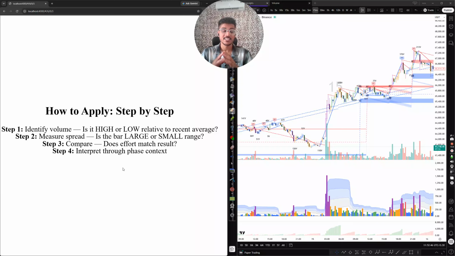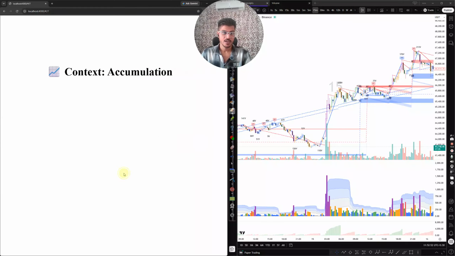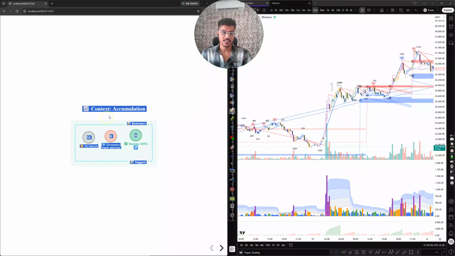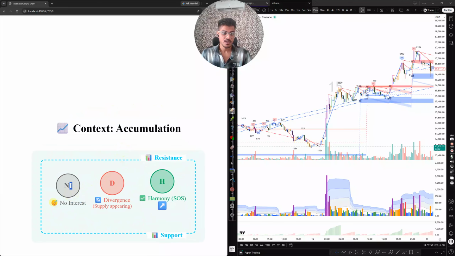The fourth step is to interpret through phase context, meaning which phase the market is in right now. The context on accumulation is no interest, divergence, which is where supply appears, and then harmony, a sign of strength.